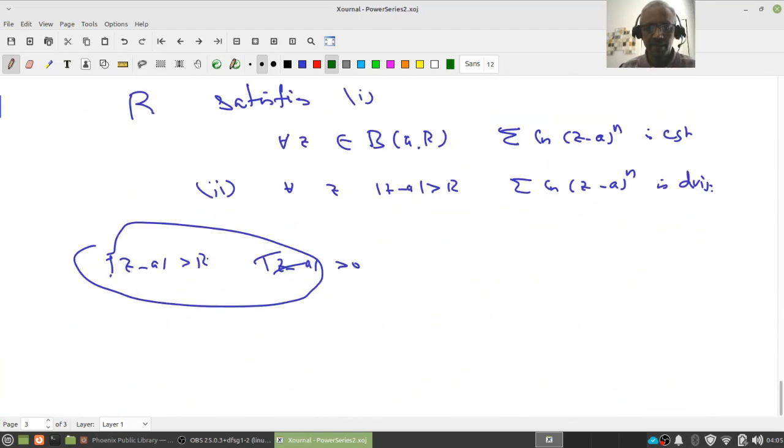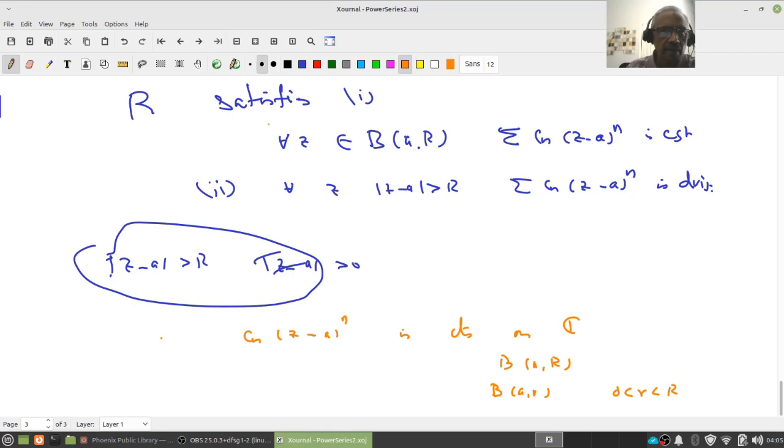Right? Therefore, what is the outcome now? Since c_n (z minus a)^n is continuous on C, it is continuous on B(a, r), where 0 is less than r.